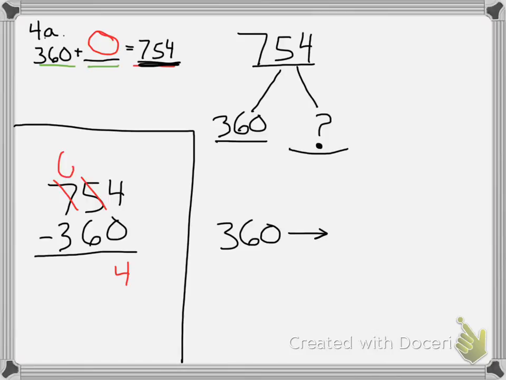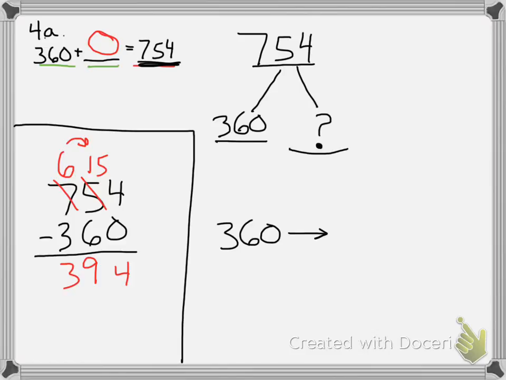So if I take apart one of my hundreds, I'll only have 6 left, and then that leaves me with 15 tens in my tens place, because I have just moved over a bunch of tens from that 100. So 15 minus 6 is, of course, 9, and 6 minus 3 is going to be 3.